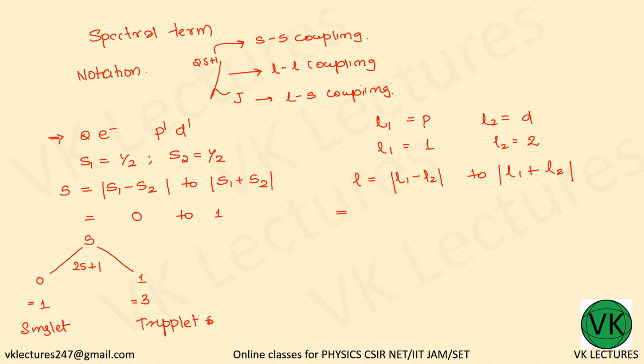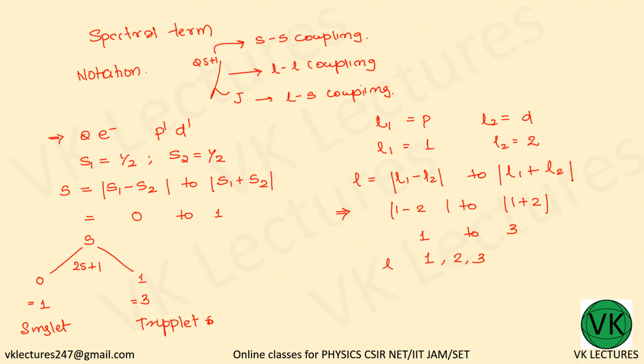So 1 minus 2 in magnitude is 1, to 1 plus 2, that is 1, 2 and 3.